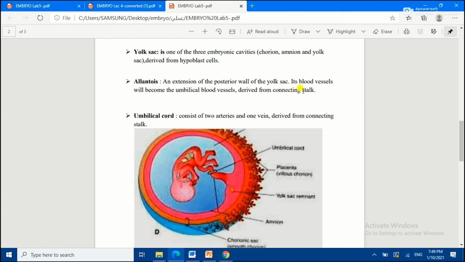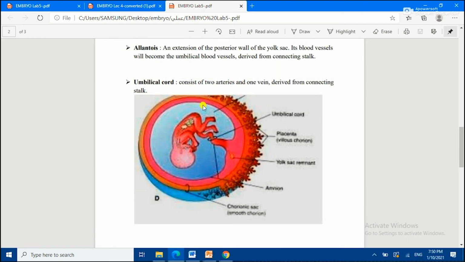From the connecting stalk. Okay, and the last one is the umbilical cord, and this will consist of 2 arteries and 1 vein. As we mentioned before, the umbilical cord is derived from the connecting stalk, so its origin is the connecting stalk.